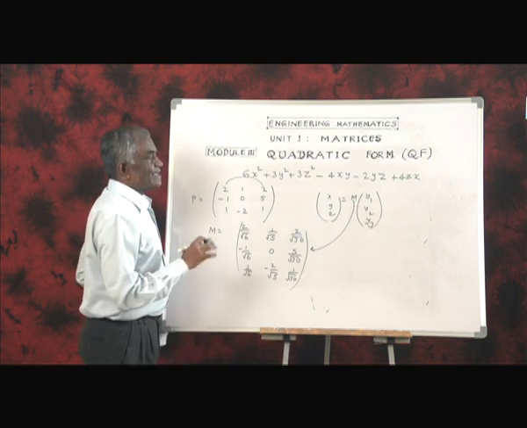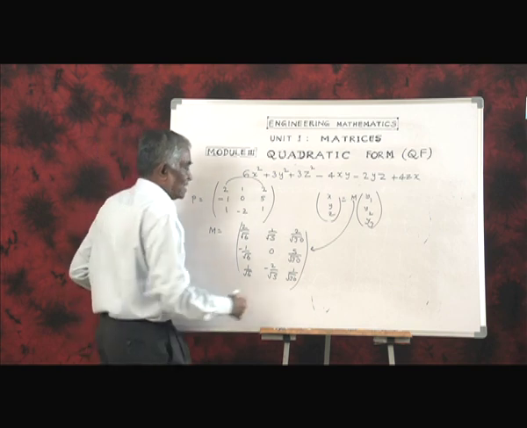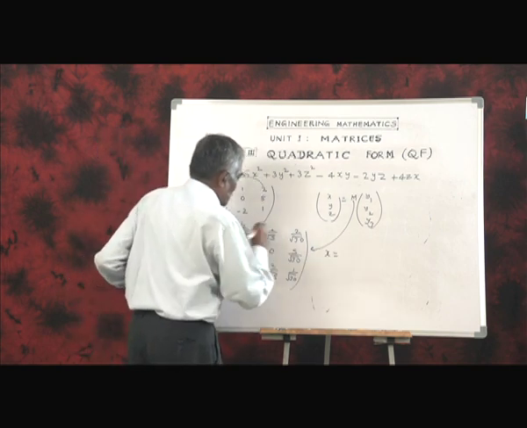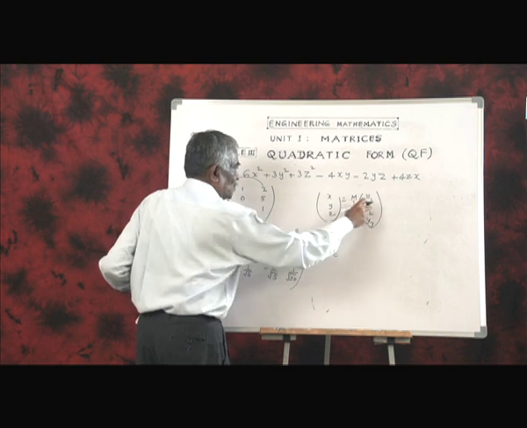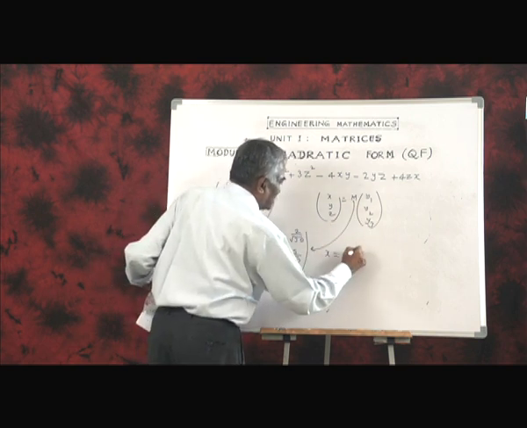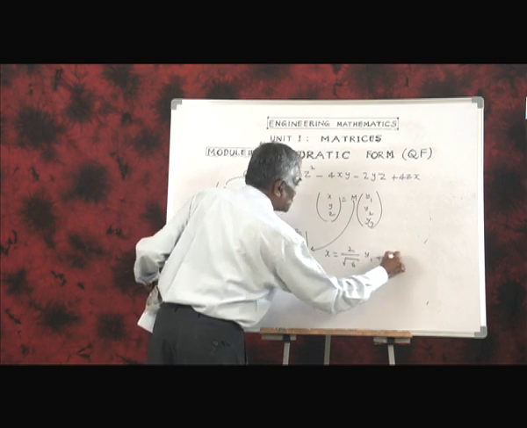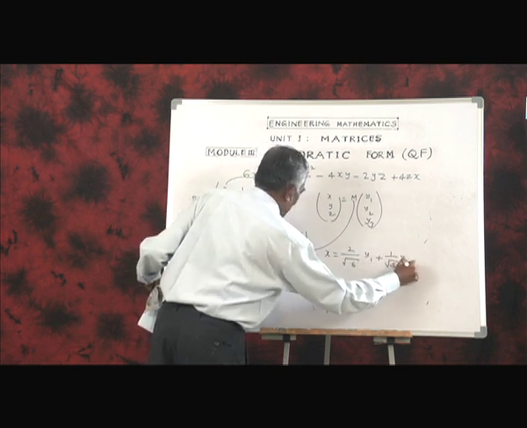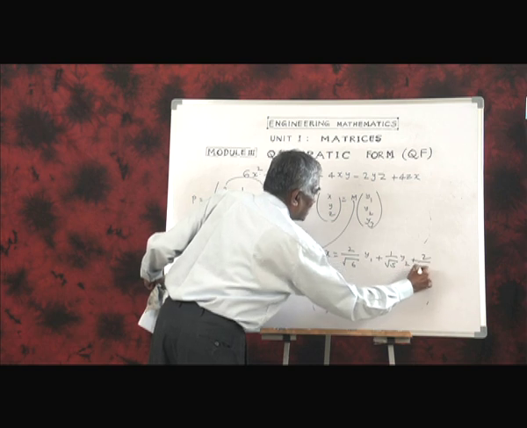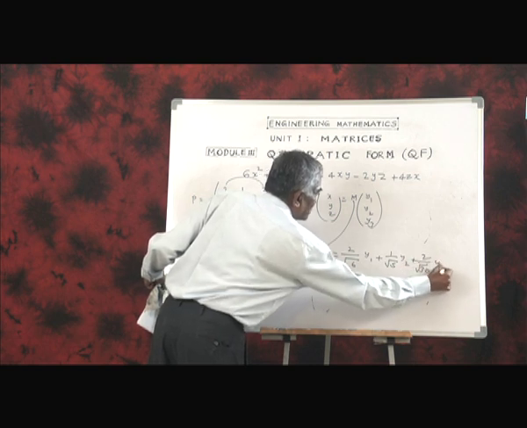So if you want to write the expanded form of the transformation, X is equal to this into Y1 plus this into Y2 plus this, therefore I can write in an expanded form 2 by root 6 Y1 plus 1 by root 5 Y2 plus 2 by root 30 Y3.